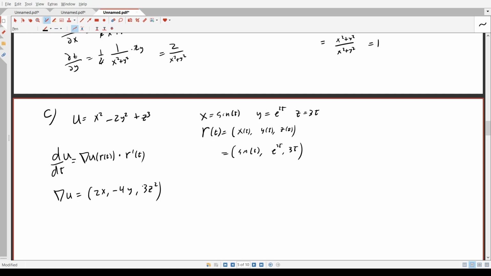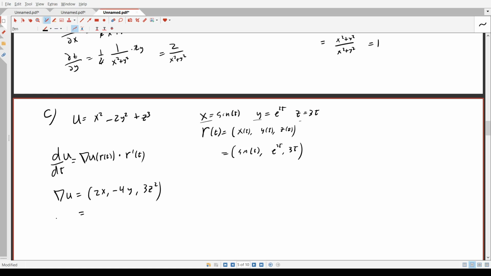This particular problem doesn't give us values for x, y, z or values for t, so we'll just leave it in general terms. But I do want it in terms of t. So let me go ahead and plug x, y, and z into here.